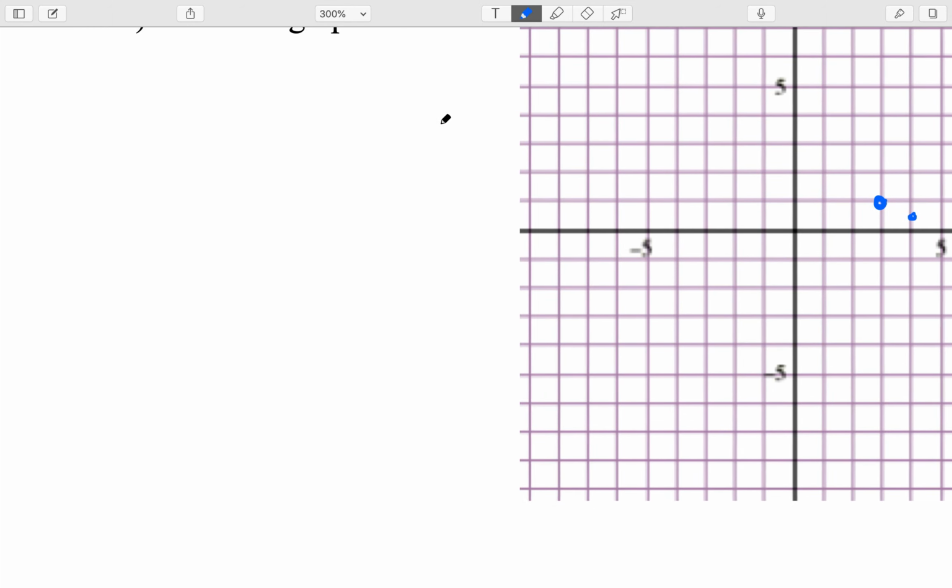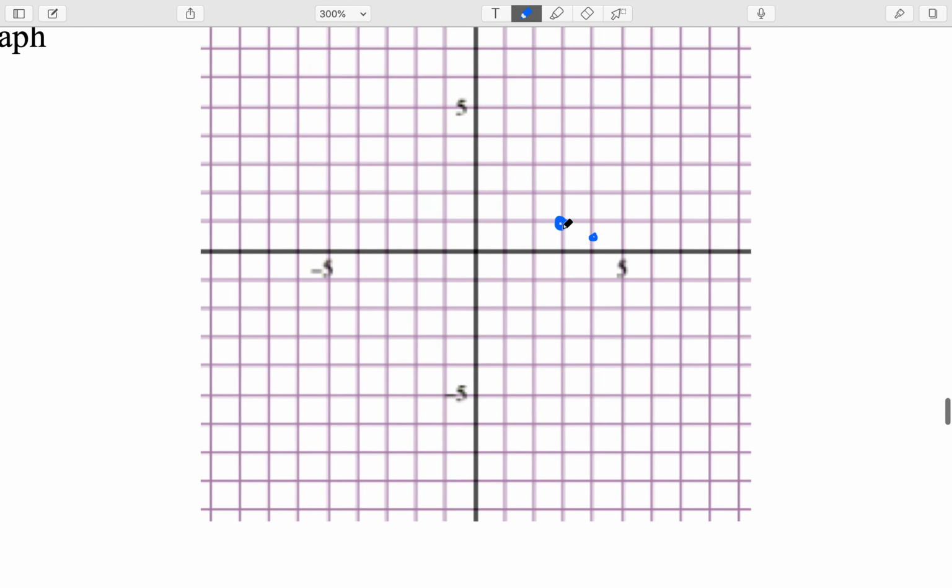There we go. That'll be way nicer. So I'm going to go over 1, up a half, because instead of going this shape, I'm flipping it upside down. And then over 2, 8. Okay, so over 2, 1, 2, 3, 4.